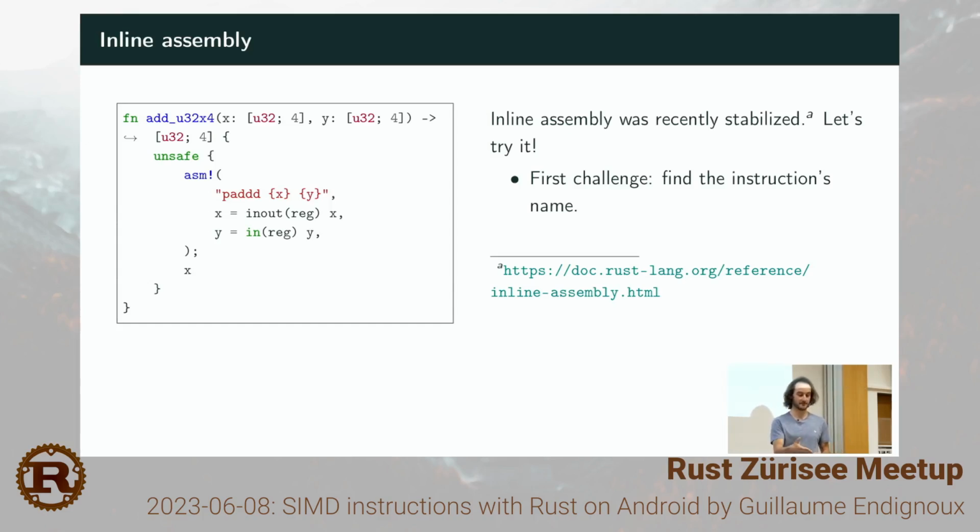So here, on Intel, for example, adding these two arrays, going through the vendor manual, you figure out that the instruction is this p-add-d instruction in assembly. So once you've found that, you can imagine, let's try to call it like this.